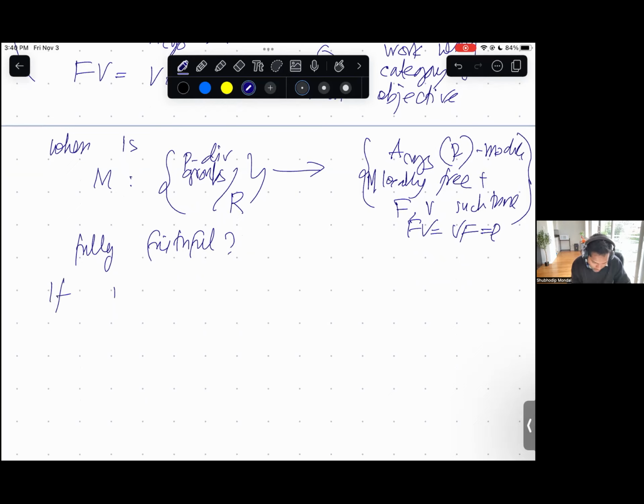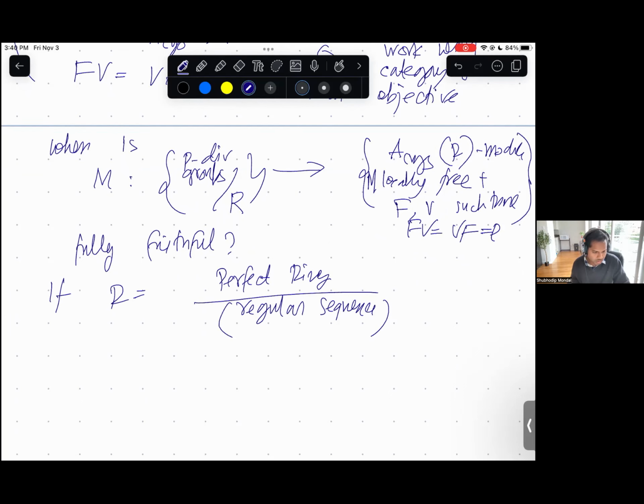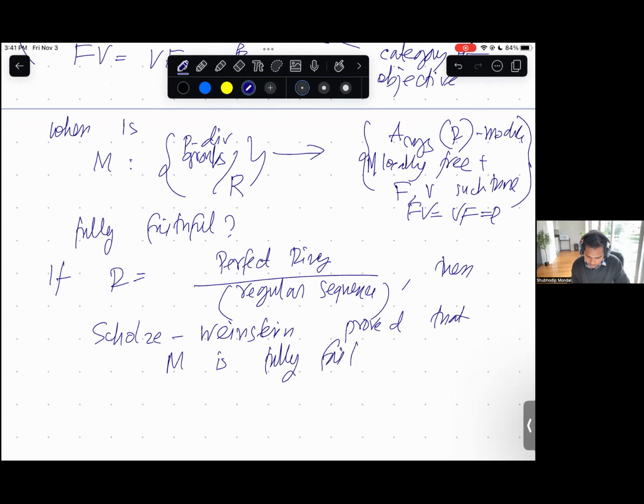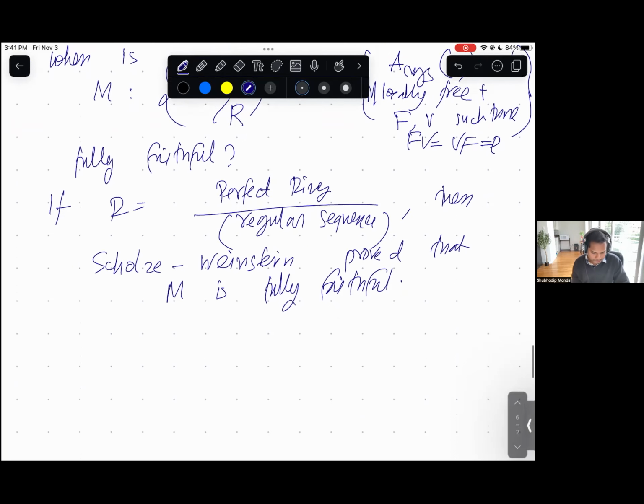So if R is itself a perfect ring quotiented out by some ideal given by a regular sequence, then Scholze and Weinstein proved that M is fully faithful.